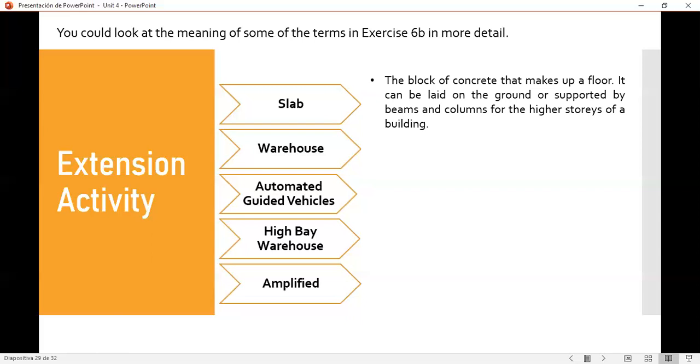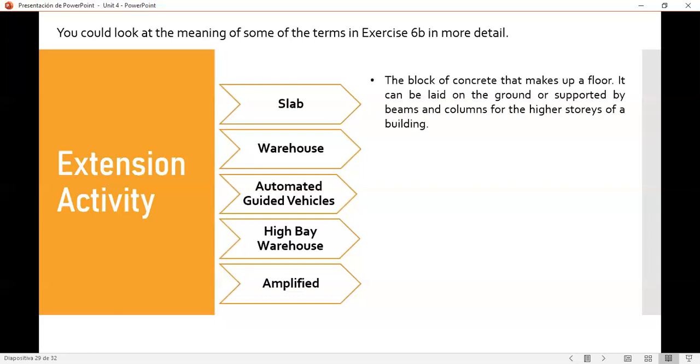So we got the warehouse. I can call one block a slab. In some warehouses, in some floors, you might see some lines where one part ended and then another starts.